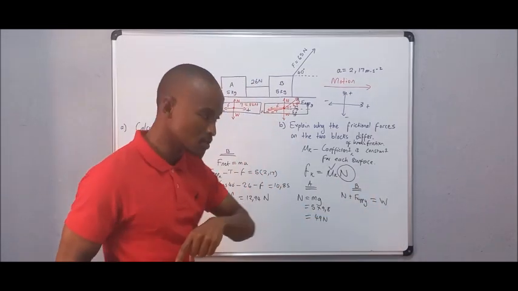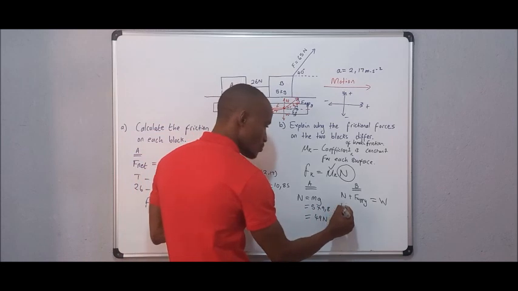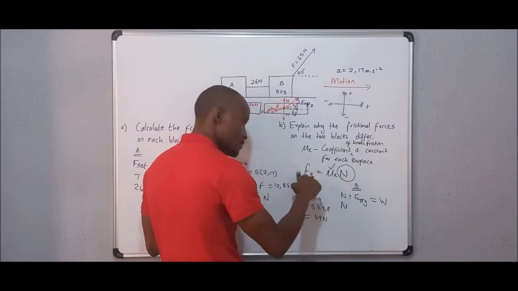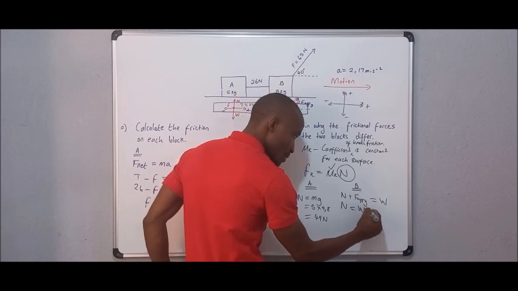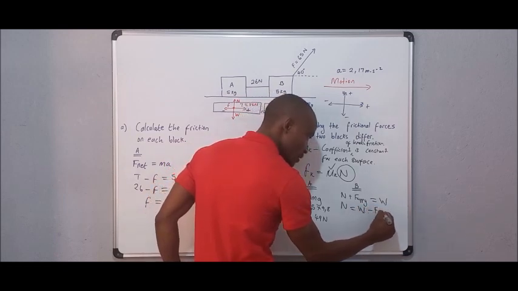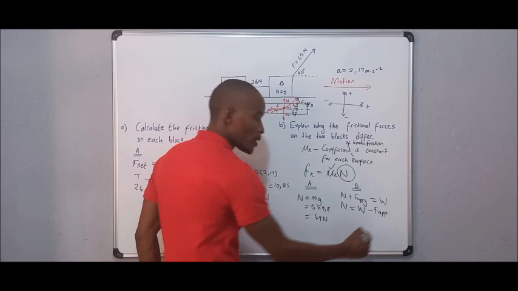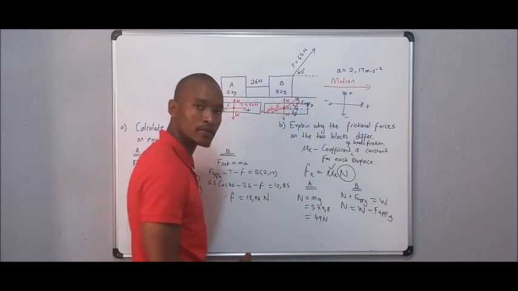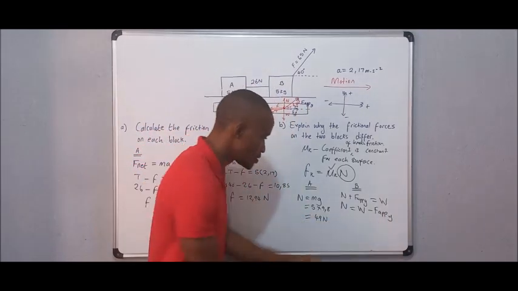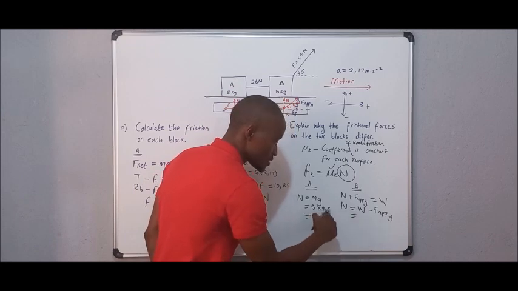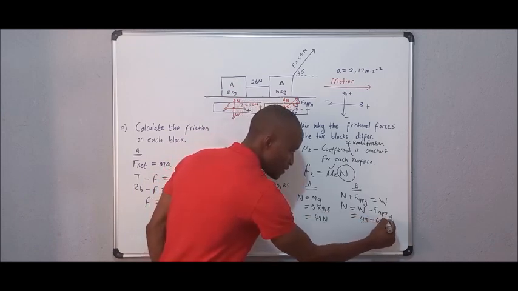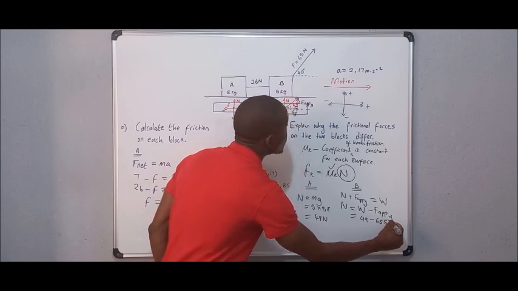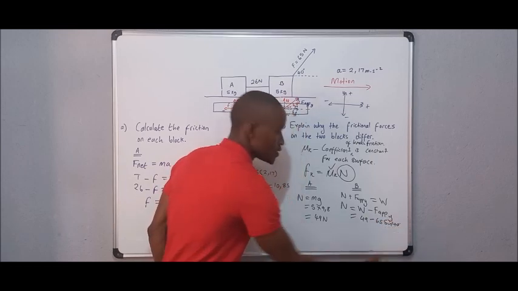So if we want the normal force for block B, which we'll use to get the frictional force for block B, we have its weight minus the y component of the applied force. And what is this? The weight will be 5 times 9.8, it's 49, minus 65 sine of which angle? 40 degrees.